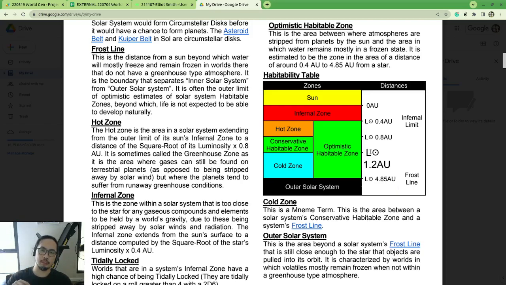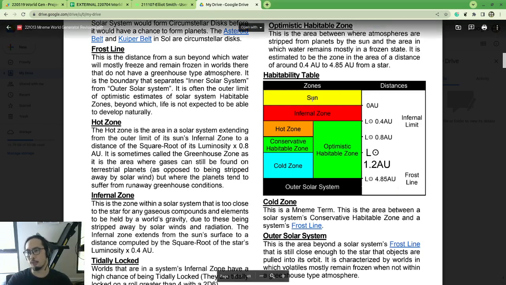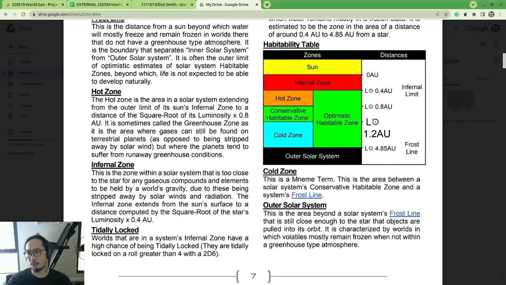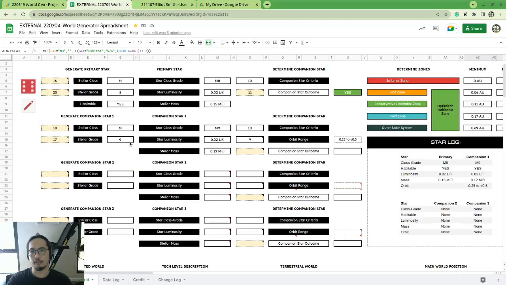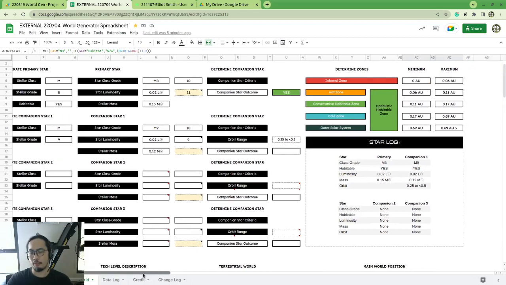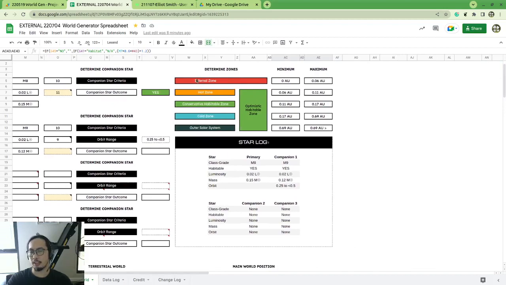As energy radiating out from a point in a sphere diminishes greatly, exponentially, as you go farther, it's the sun's luminance times an AU modifier, and that's what happens. So when we're looking at a star which has a luminance of 0.02, which is really low luminosity, the energy, the heat of these zones, these bands.